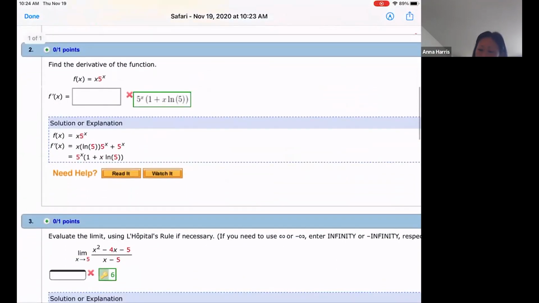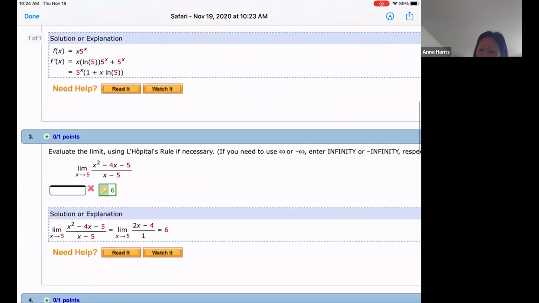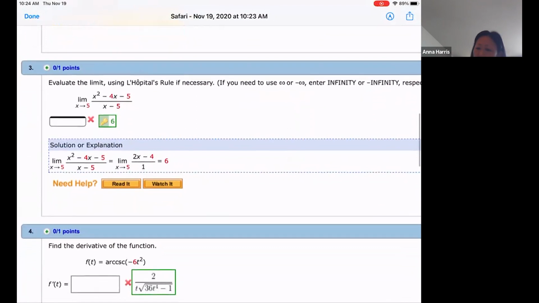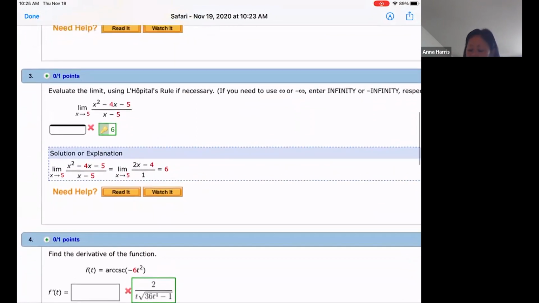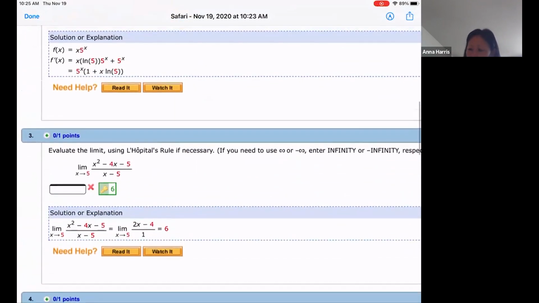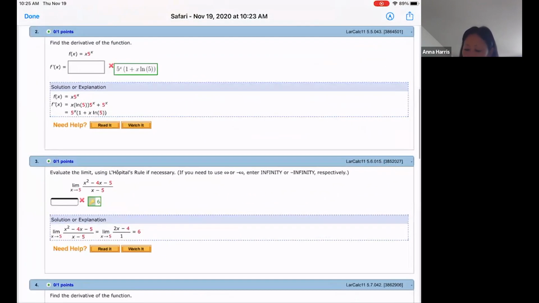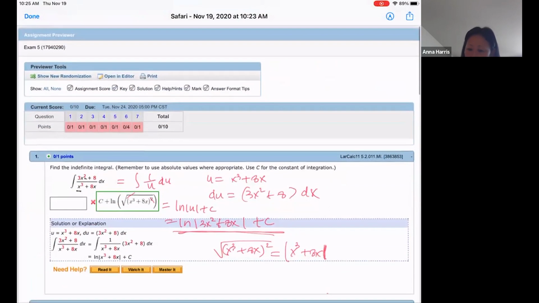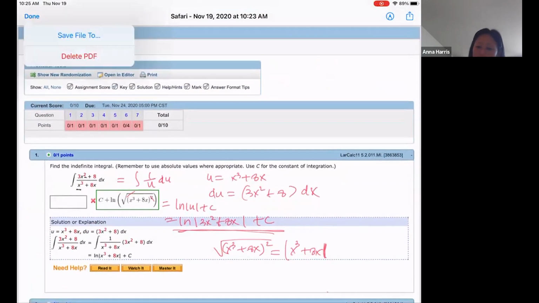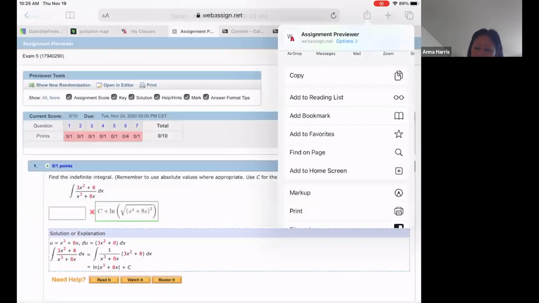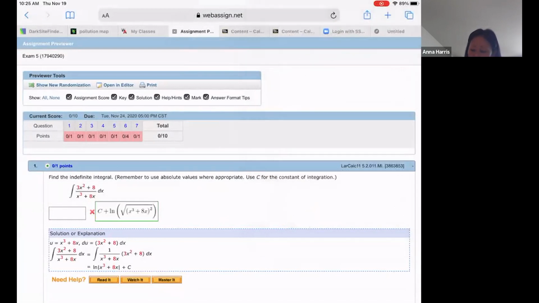All right, next one, the derivative of function, you can do that. Evaluate the limit. L'Hopital's rule. So hold on, am I not looking at the right problem? Oops, goodness. I was looking at the wrong one.